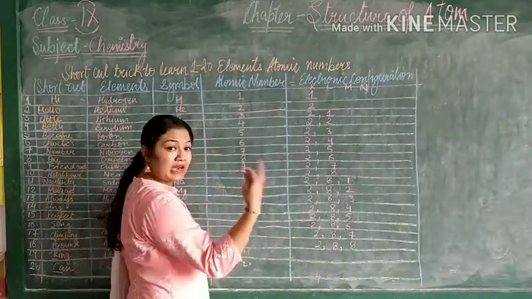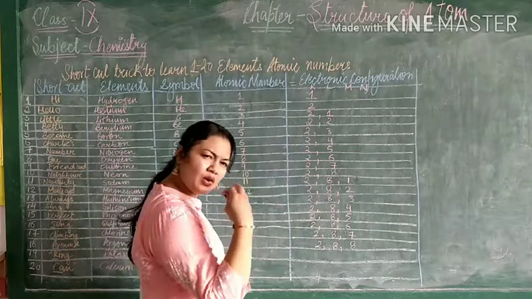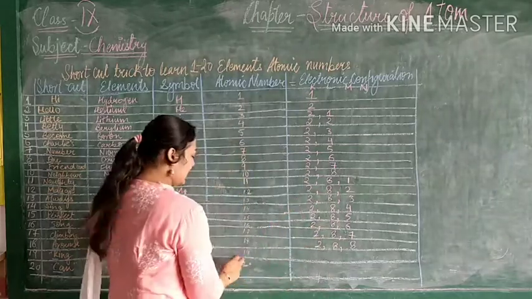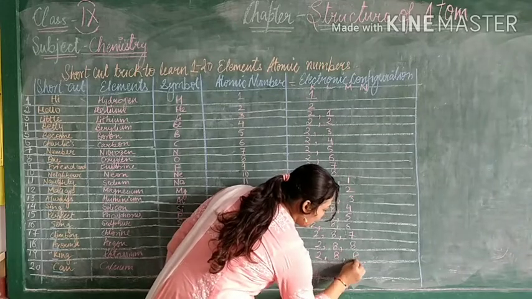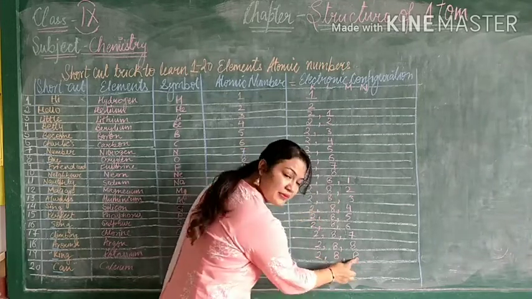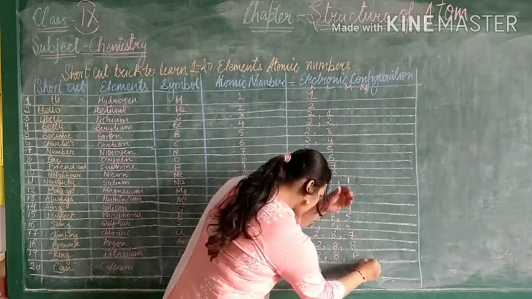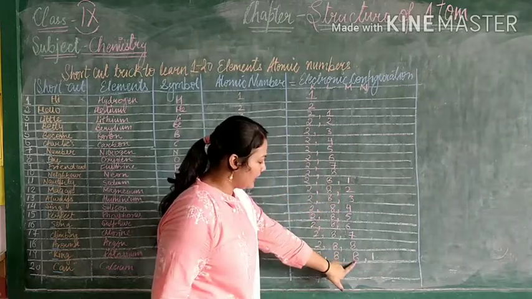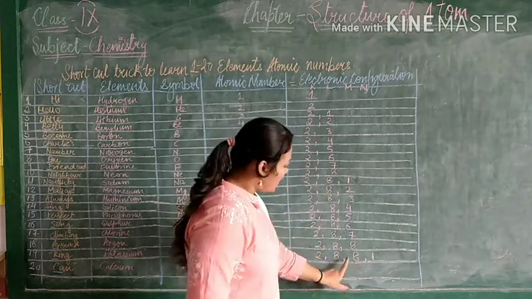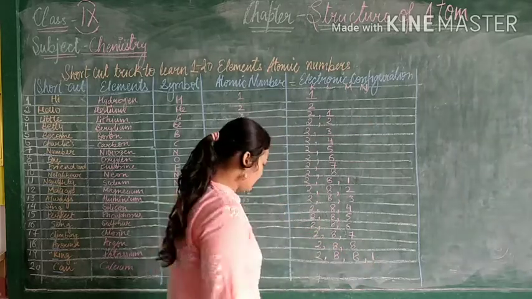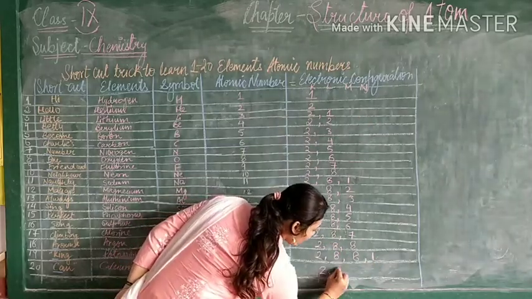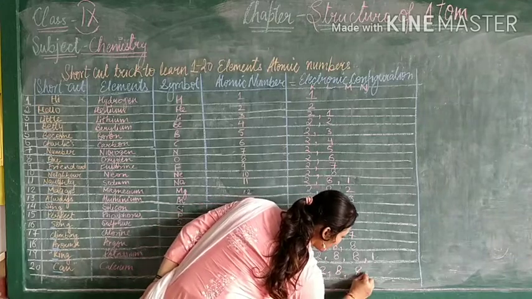It is not going to react easily with any other elements. 19: now K, L, M are already filled, and the maximum is 8, so I will switch to another shell or orbit, that is N. Next one is 2, 8, 8, 1.